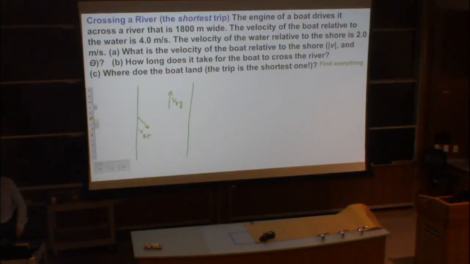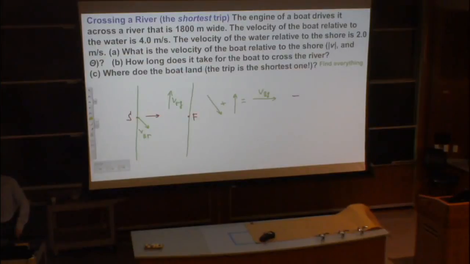If we add them up all together, this arrow plus this arrow, that's supposed to be the arrow which represents the velocity of the boat relative to the ground. In this situation, that arrow must point straight across the river. Start, finish.